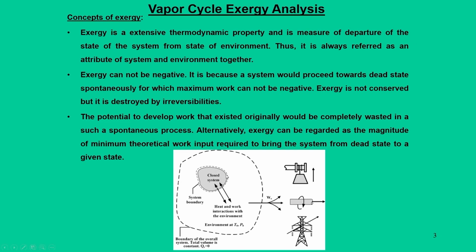So, if you say there is a closed system and this system has a certain boundary, we say it is a system boundary, and this system can interact with the environment, and the environment condition is at pressure P naught and temperature T naught. The system and environment can be considered to work together, in which heat and work interactions are possible.